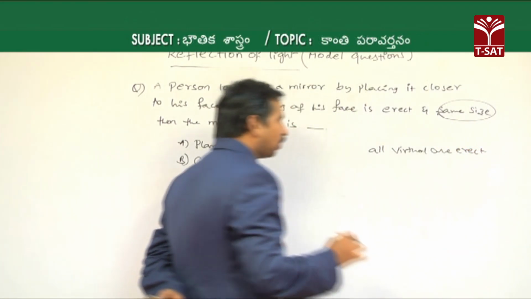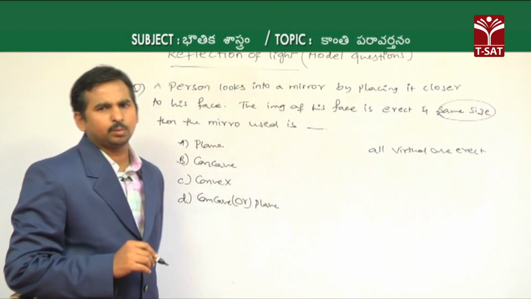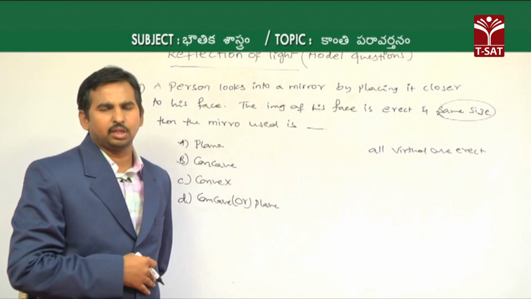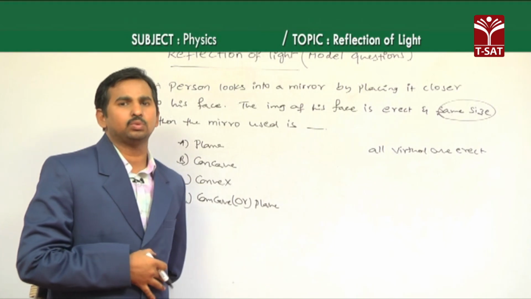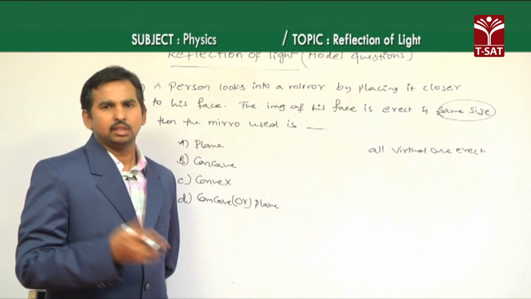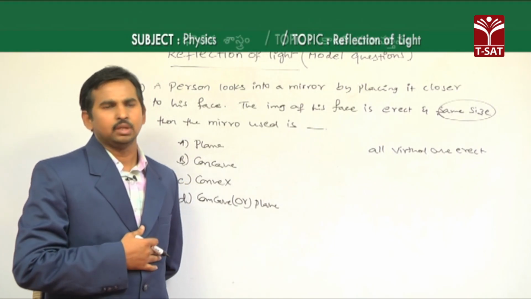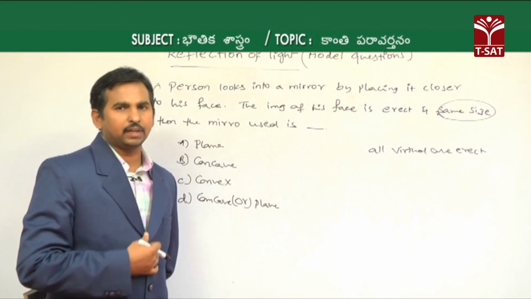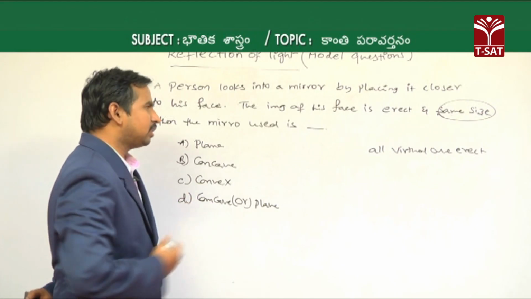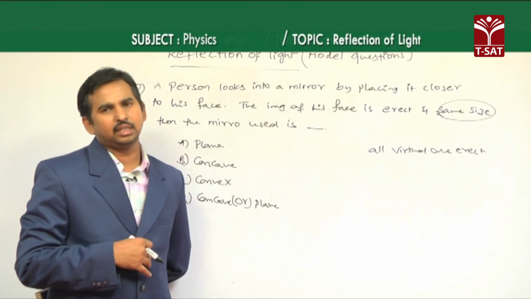In the case of a concave mirror, in most cases it forms real images only. It forms a virtual image in only one special case, where we get a virtual, erect, but magnified image. But in this case it is given that the image is erect and of the same size.